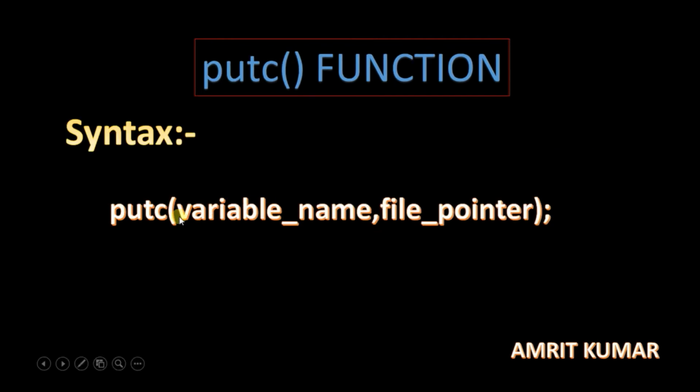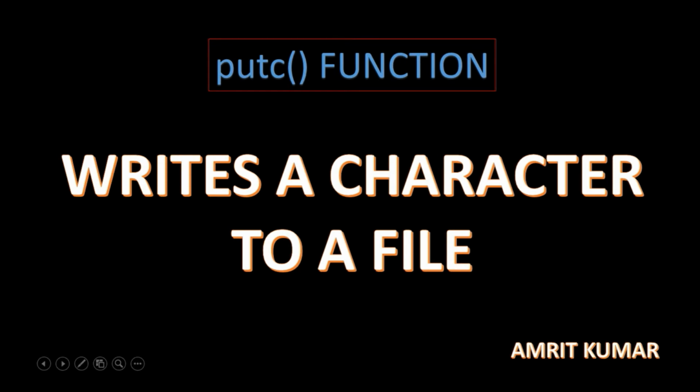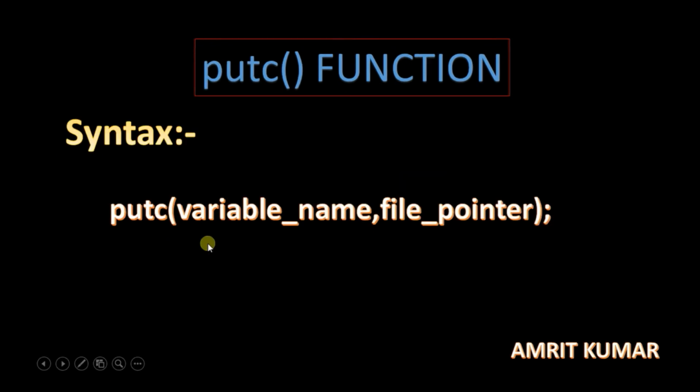You specify the putc function, and in it you pass the variable name and the file pointer, separated by a comma. Putc helps us write a character to a file, so you need to specify the variable name and the file pointer. This is the proper syntax of the putc function.